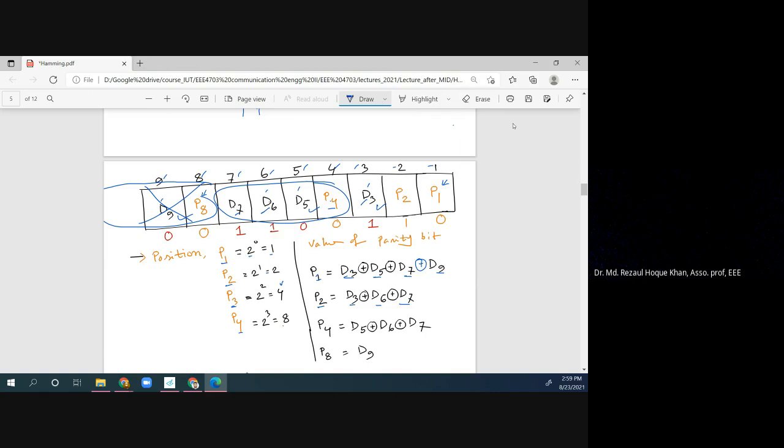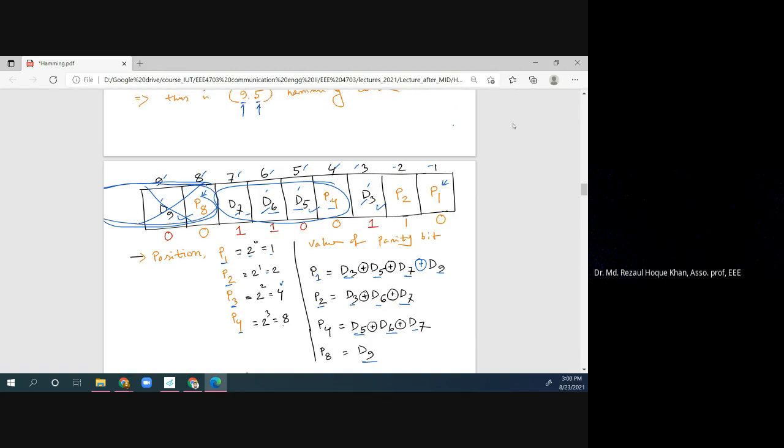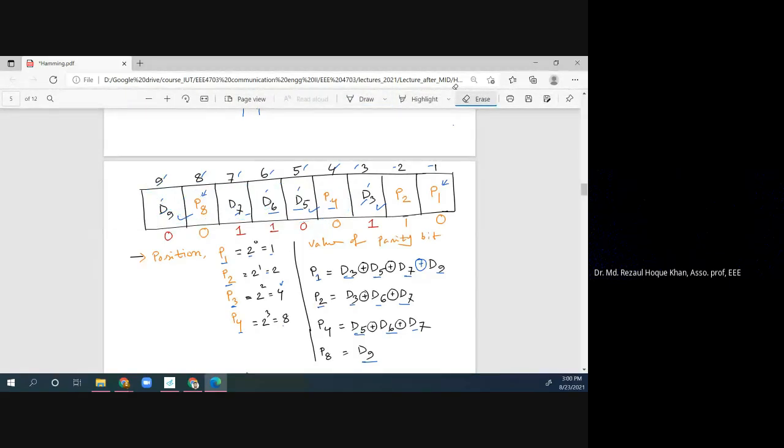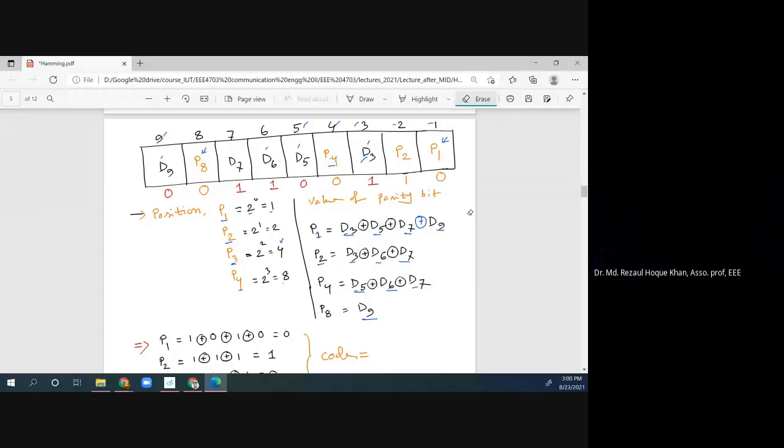For P8, only D9 remains, like check 8, so we do not have more. So do you understand P1, P2, P4, and P8?